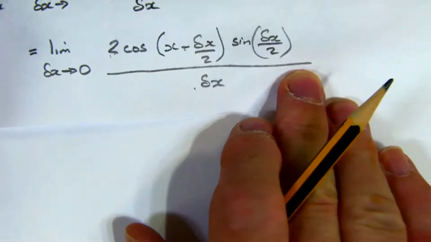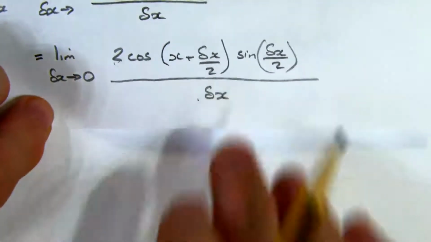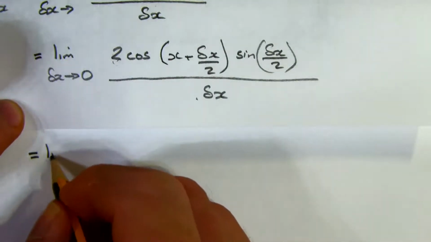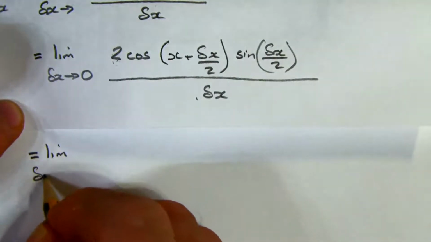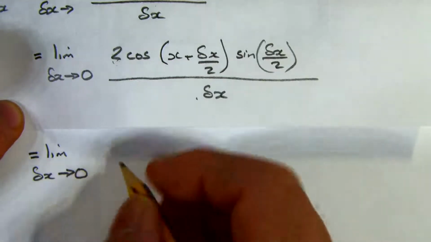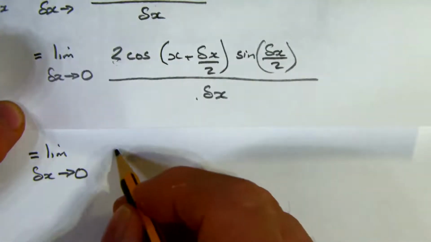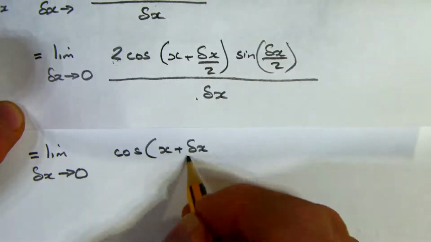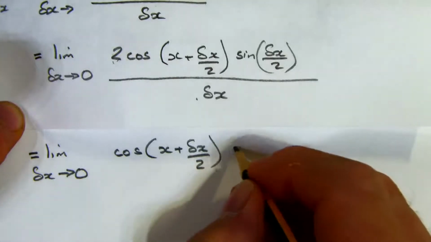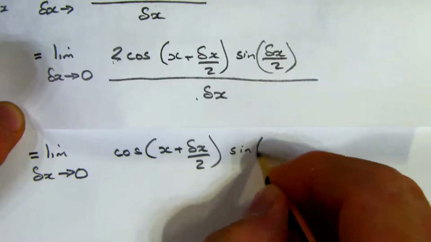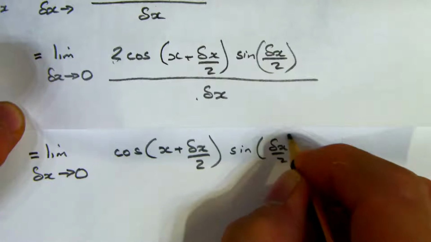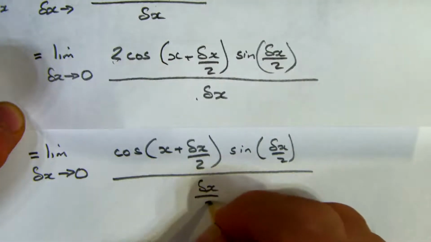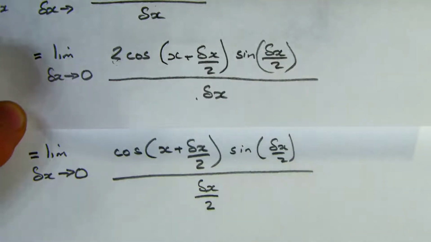So, leaving that one up the top so we can see what's going on, let's just divide this one by 2. So, the limit as delta x approaches 0 of cos x plus delta x over 2 times sine of delta x over 2, all over delta x divided by 2.